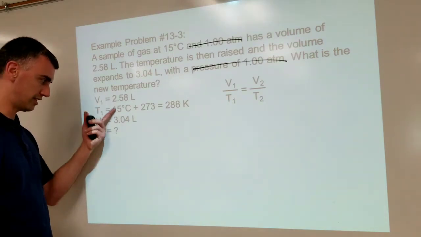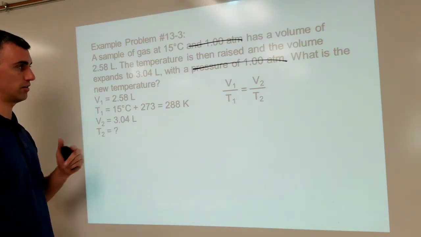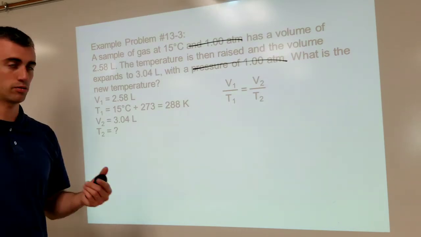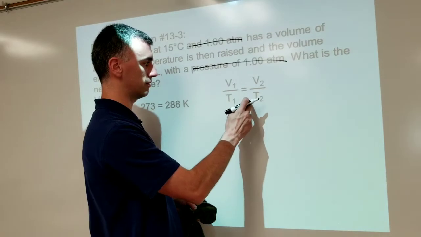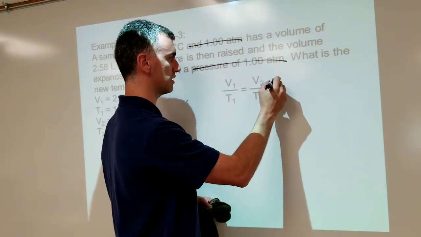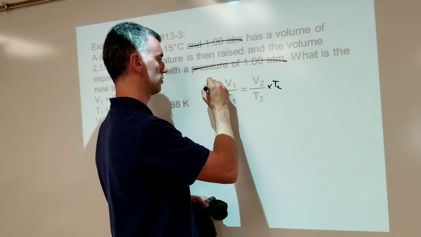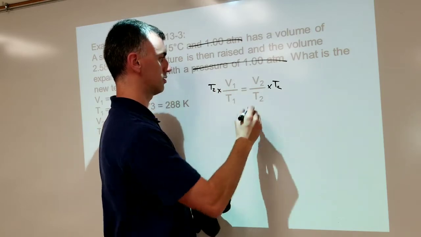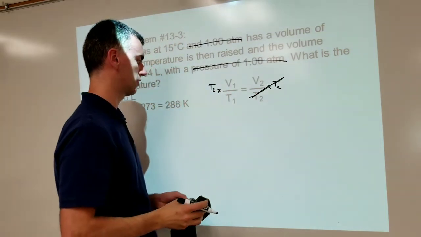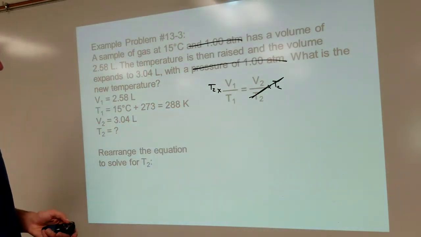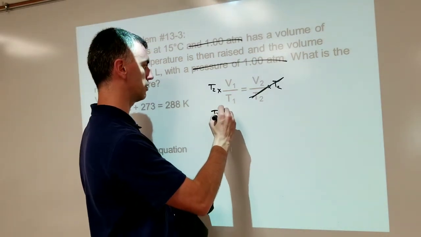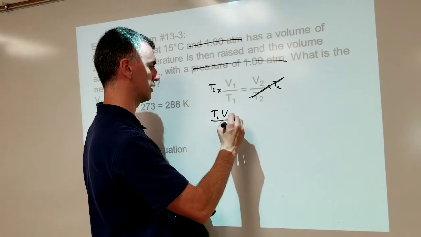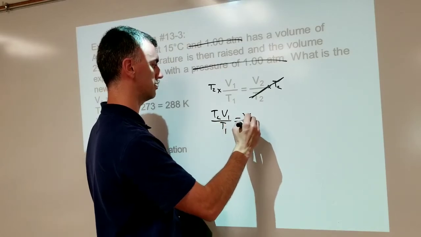So identify what you're going to do. Solve for T2. So how do we solve for T2? You need to get T2 by itself. So you multiply both sides by T2. Now we have T2 V1 over T1 equals V2.